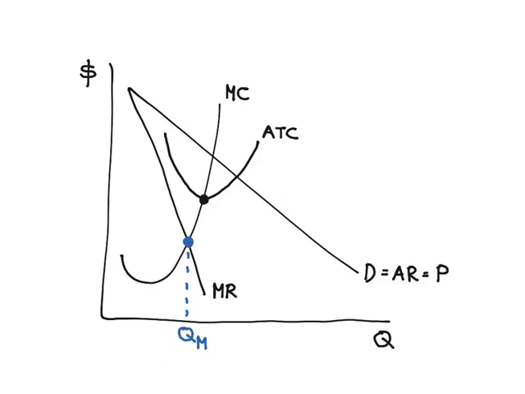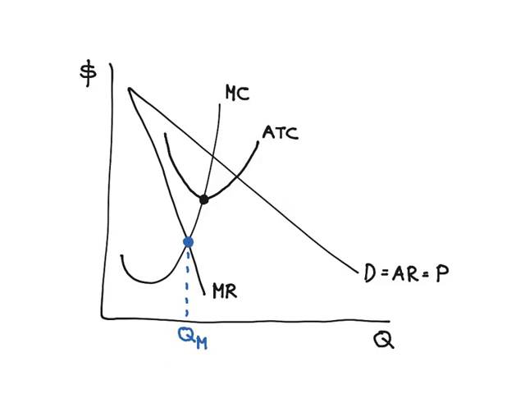The tricky part here is with price, because you may be tempted to say, okay, then we just go straight over and get the price. Well, remember, the marginal revenue curve is no longer equal to price, right? It's just MR now, not MR equals P. So we actually need to go get the price from the demand curve.